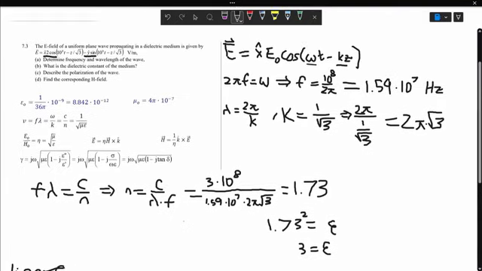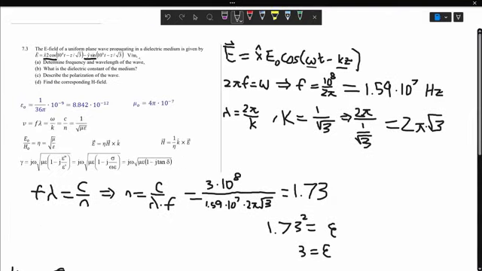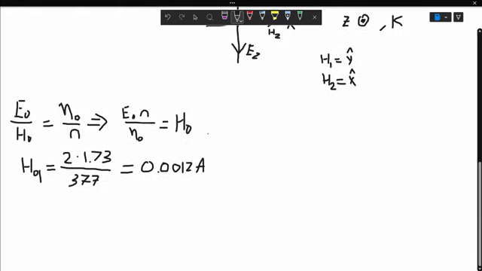We know this is amps because the initial E field has volts, so our H field needs to be in amps. But we're actually going to end up converting this to milliamps, so multiplying this by 10 to the 3. So when we convert this to milliamps, we end up getting 9.17 milliamps.